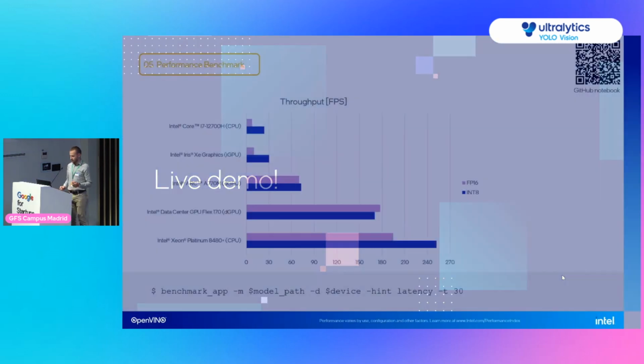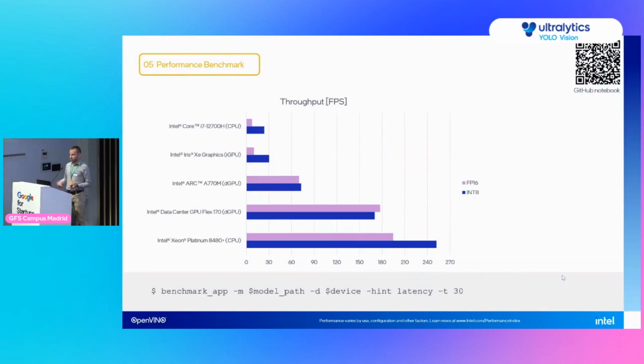So let's talk about performance. I showed you a live demo here. However, I also did a performance benchmark for you, and I tested an i7 CPU, also iGPU, Arc dGPU, Flex dGPU, and Intel Xeon. And all of these results are related to YOLOv8M, so it's not the nano model, right?